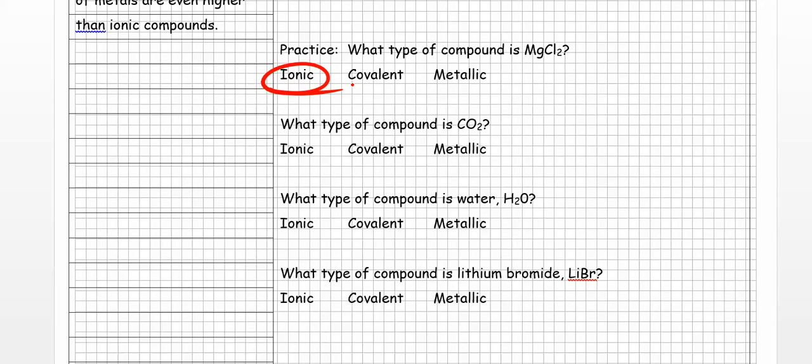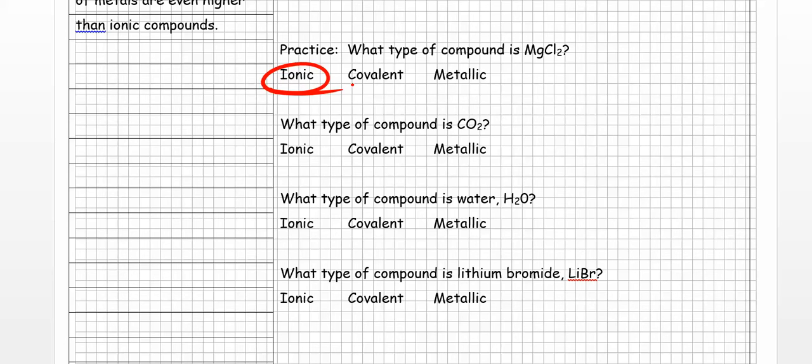Remember, anytime you have a metal with a nonmetal, something from the left with something from the right, you don't even have to do the electronegativity calculation to determine whether it's above 1.7 or not. It doesn't matter. The point is that it's a metal with a nonmetal, so it's going to be ionic. There's going to be a transfer of electrons, not a sharing of electrons.